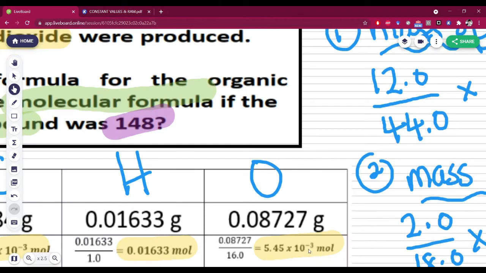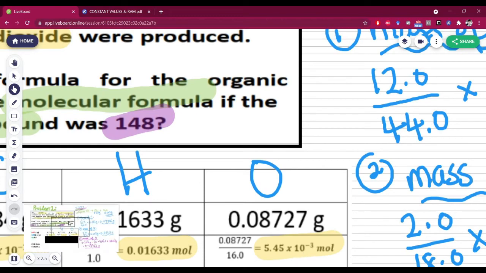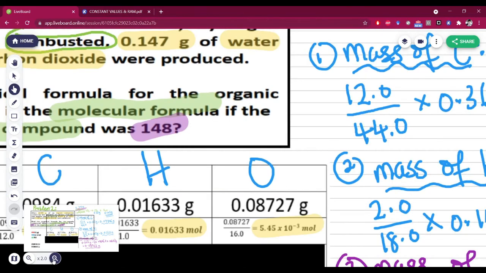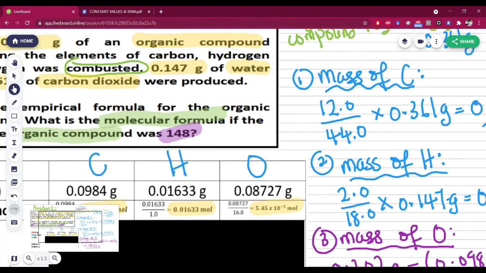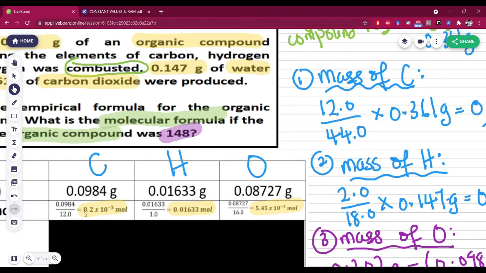As you can see, this is 5.45 times 10 to the power of negative 3. And if I bring it smaller, if you look here, this is 0.28 times 10 to the power of negative 3. So it's a pretty small number.